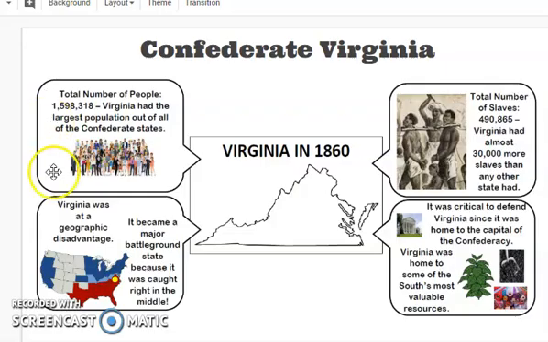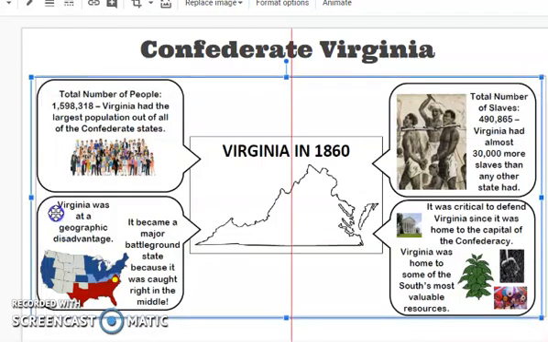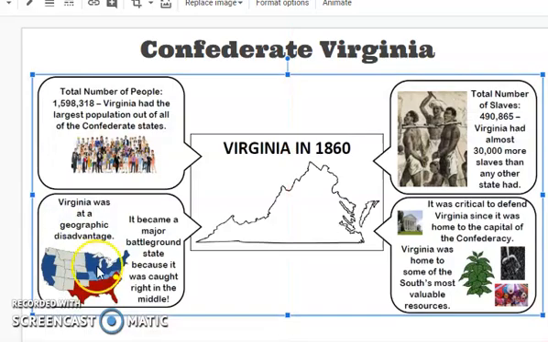In speech bubble number 2 down here, we learned that Virginia was at a geographic disadvantage. That means that they were not in a very good place as far as Civil War. Their location was problematic. There was a lot of trouble involved with it. Because of their location, if you look at it really closely, you see all that blue there all around it? Well, there's red states down here, and that's the Confederate states.